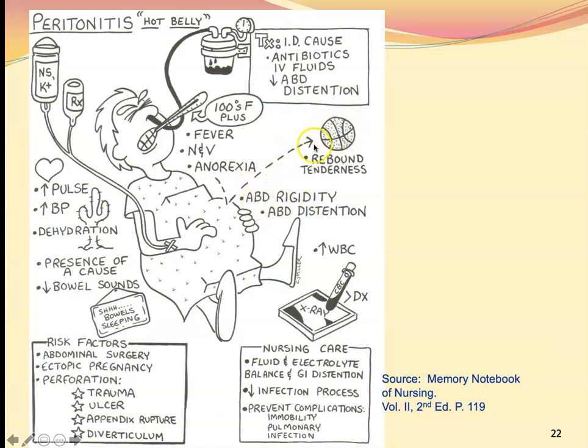And these are some of the symptoms: rebound tenderness, abdominal rigidity, abdominal distension. The WBCs will be increased. The pulse will be increased. Elevated blood pressure. Patient will be dehydrated and decreased bowel sounds.